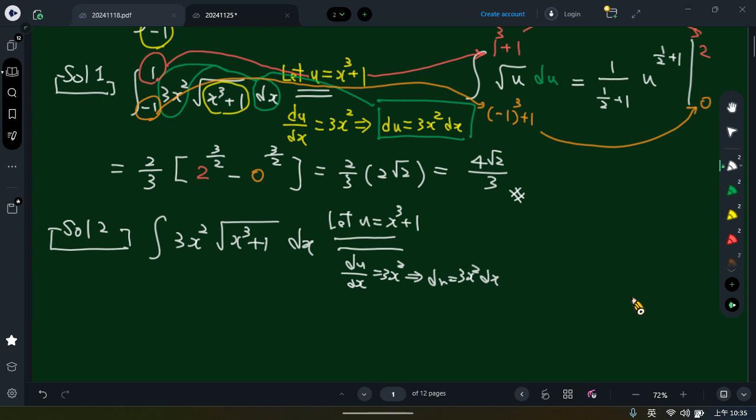And so that you can have this. So remember, since you just treat it as an indefinite integral, you need to go back to x, so the final result will be this one.